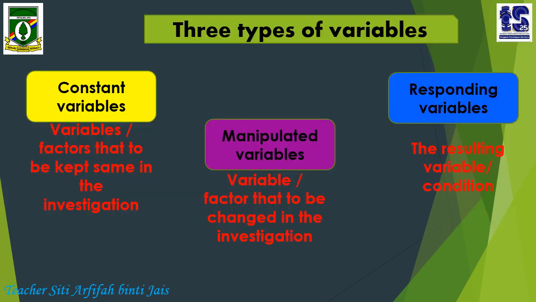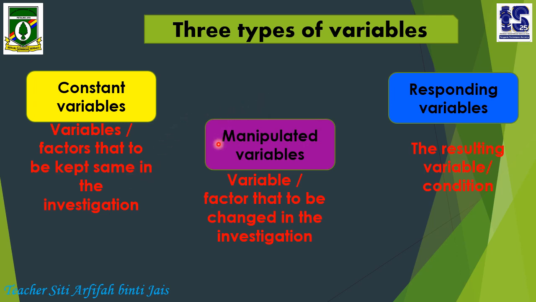There are 3 types of variables. Look at the color code. Yellow color is representing the constant variable. Constant variables are the variables or factors that are to be kept the same in the investigation. The keyword is to be kept same.